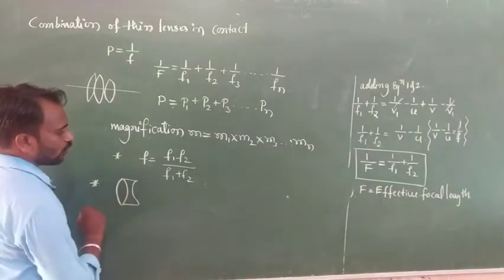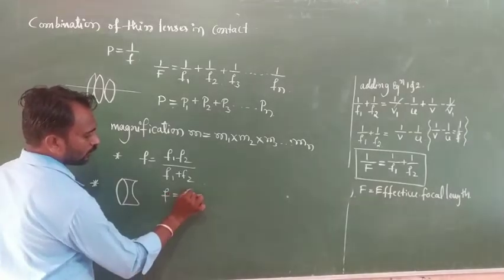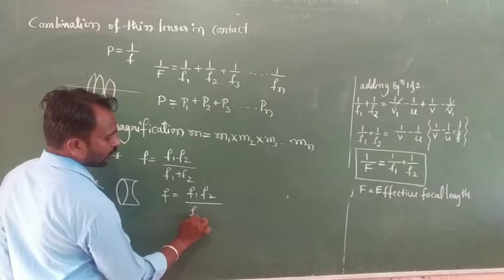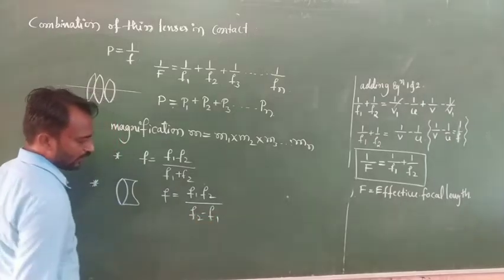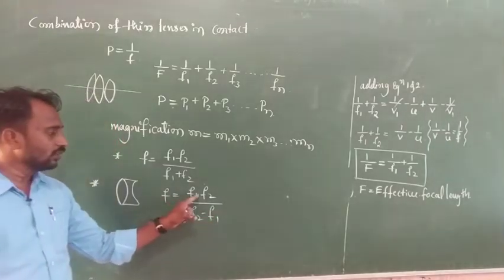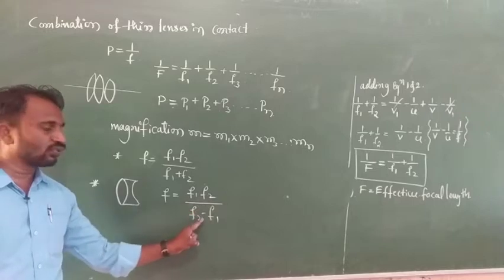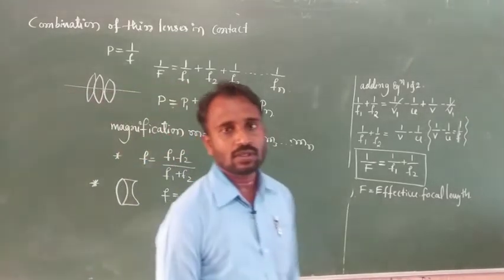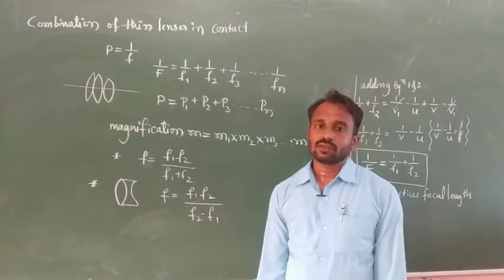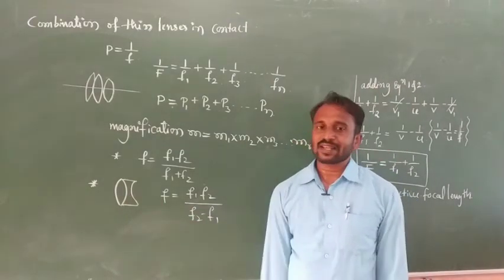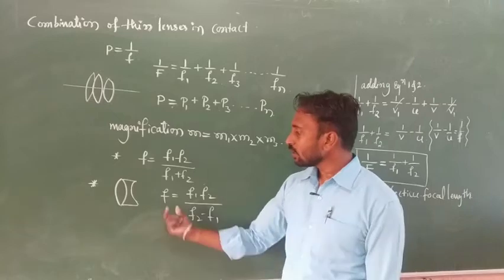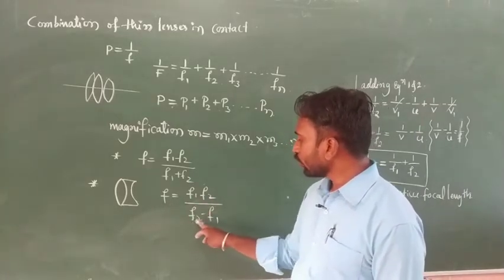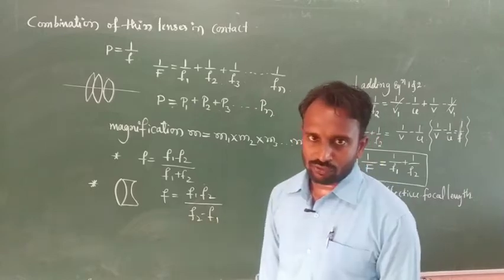Then the effective focal length F is equal to F1 into F2 divided by F2 minus F1. So when the first lens is convex and the second lens is concave, the effective focal length F is equal to F1 F2 divided by F2 minus F1.